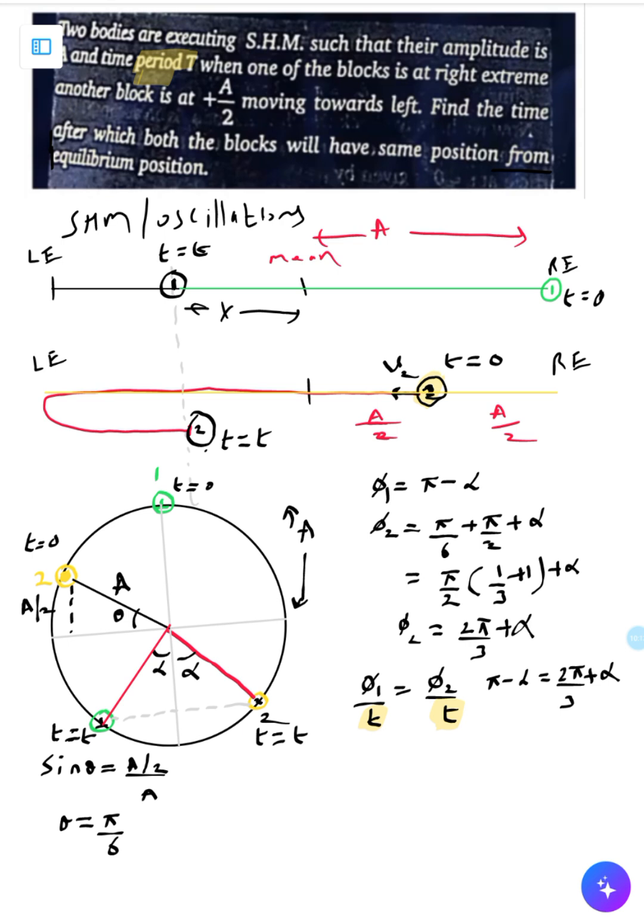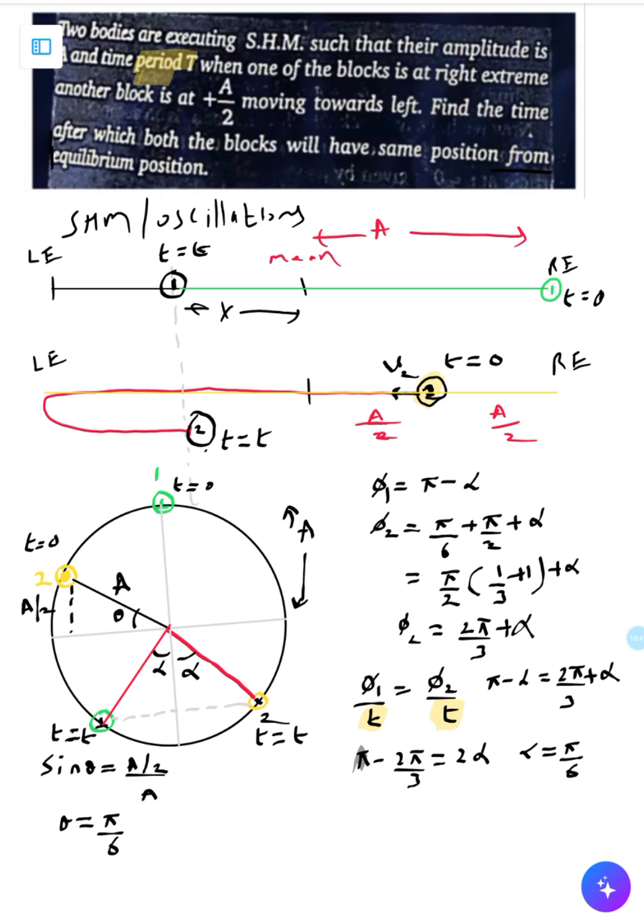So we'll solve for alpha now. Pi minus 2 pi by 3 equals 2 alpha. So 3 pi minus 2 pi will be pi by 3, so alpha will be pi by 6.